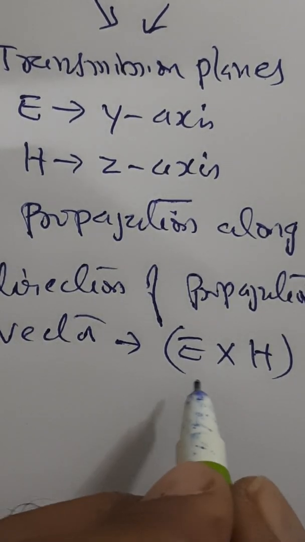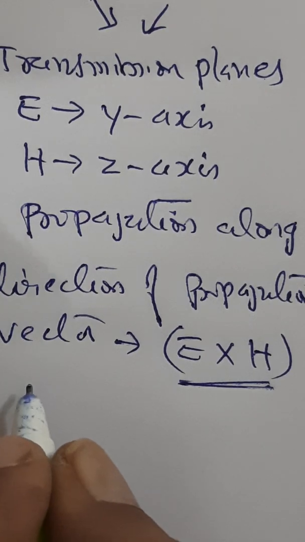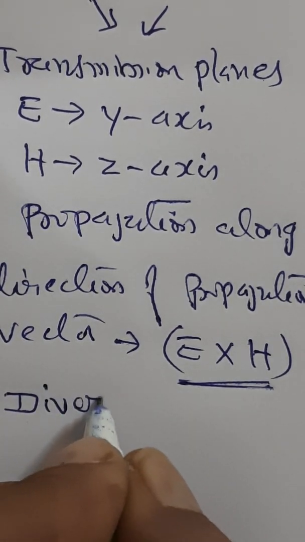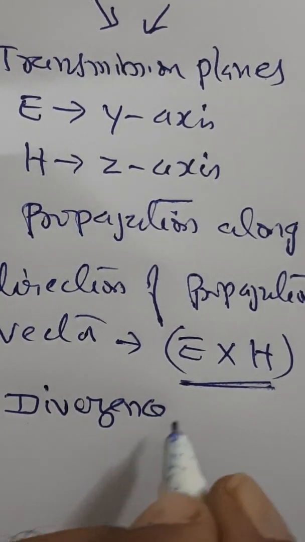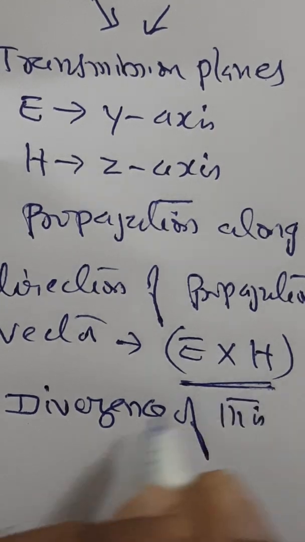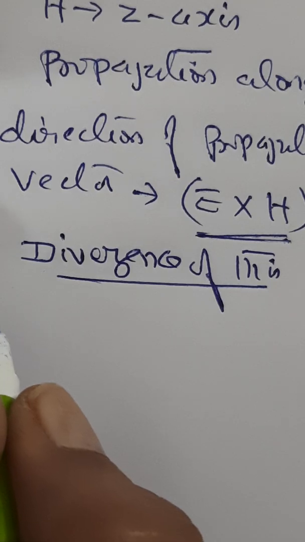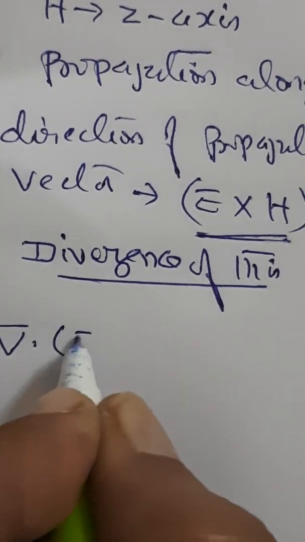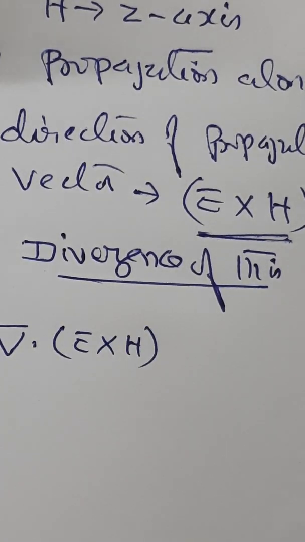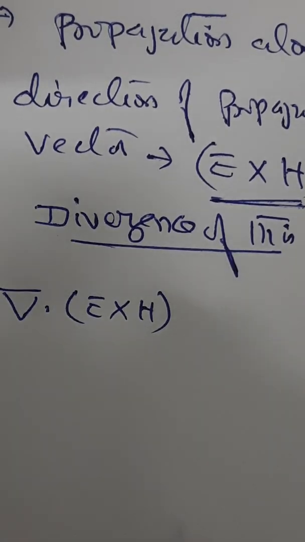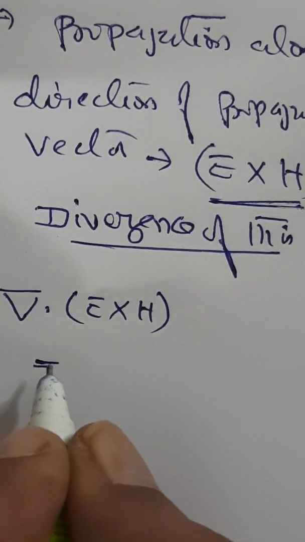Now, for this equation, we take the divergence. If you take the divergence of this, it is naturally del dot E cross H. What is del dot E cross H?